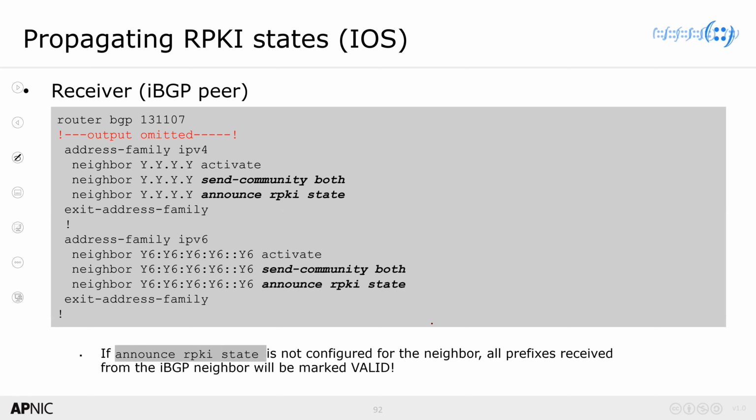And on the receiver, again, we have to enable extended BGP communities, and we just say announce state again on both communities. If it's not configured, all prefixes received from the iBGP neighbor will be marked as valid. So make sure that unless you're dropping everything at the border, mark it as valid.